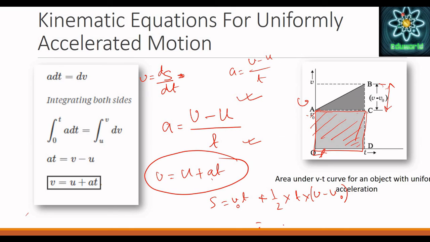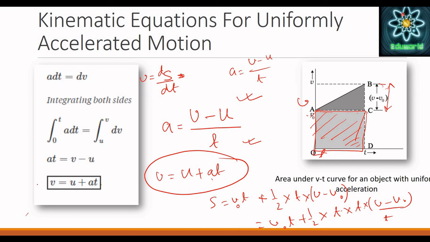Now what we can do is v0 t plus half, we multiply with t and divide with t, so t into (v minus v0) by t. So t square and (v minus v0) by t is a, so it simply becomes half a t square.